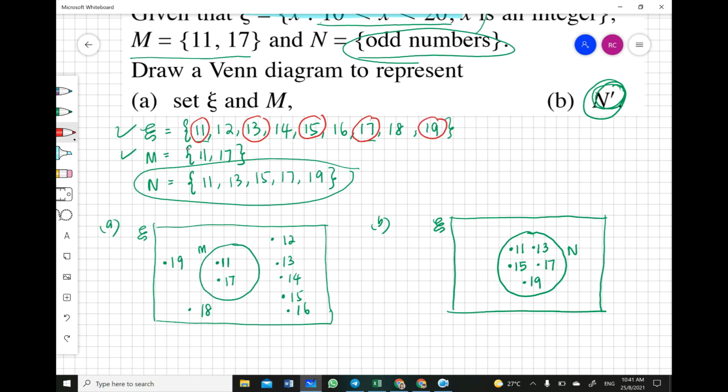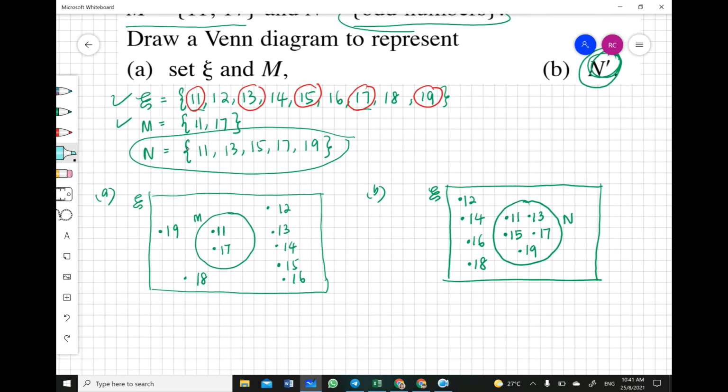The ones not circled are 12, 14, 16, 18, which are outside. So our Venn diagram is complete. We call it a Venn diagram. Why do we call it a Venn diagram?